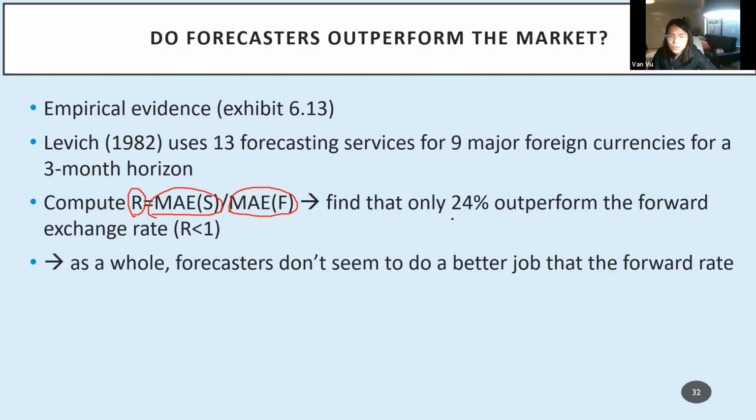As a result, this study concludes that forecasters don't necessarily do a better job than the market. In other words, if you just use the forward rate to predict the future spot rate, it looks like a pretty accurate thing to do, rather than paying money to a professional to do the forecasting for you.